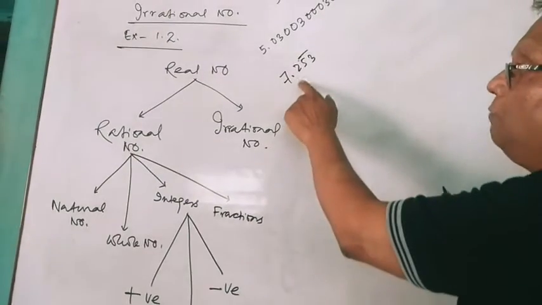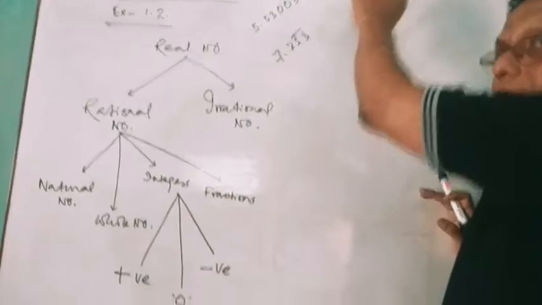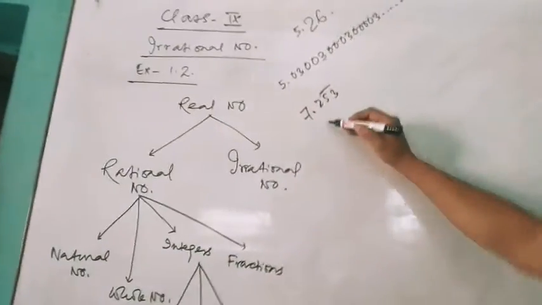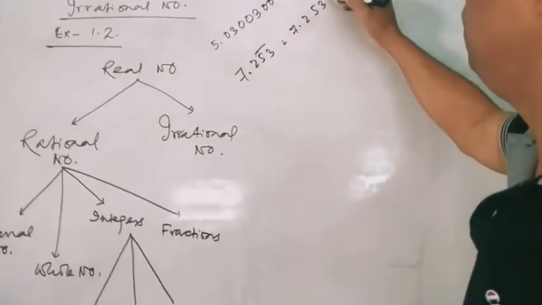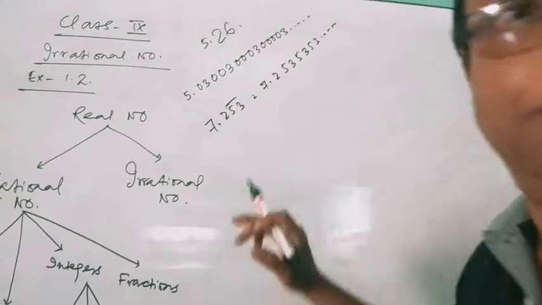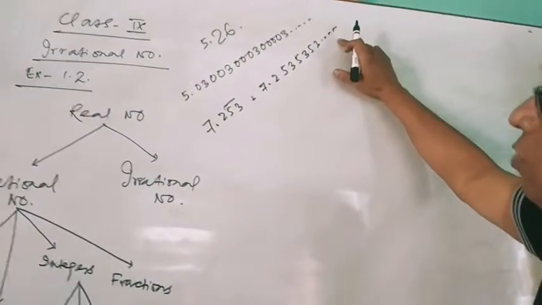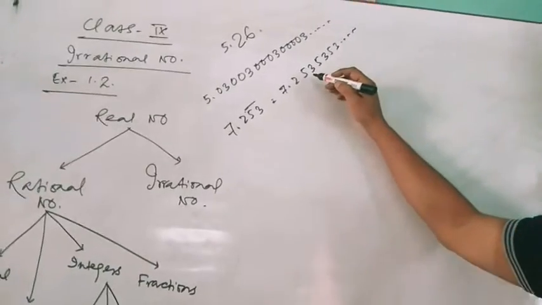It means 7.2535353... Its expansion will be 7.2535353... This is also non-terminating but repeating.